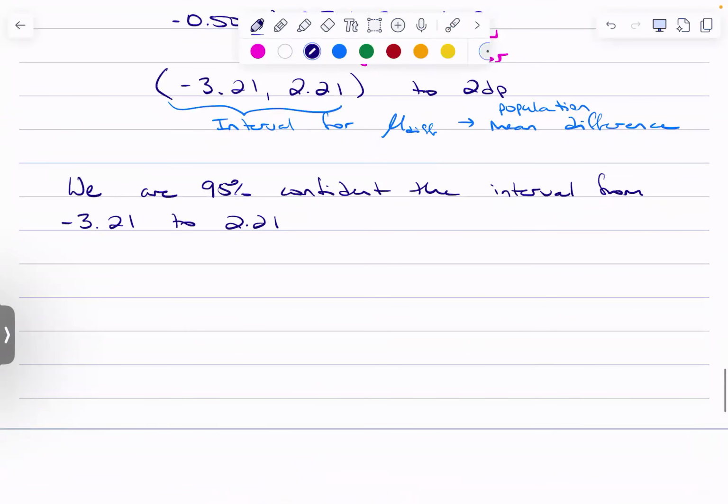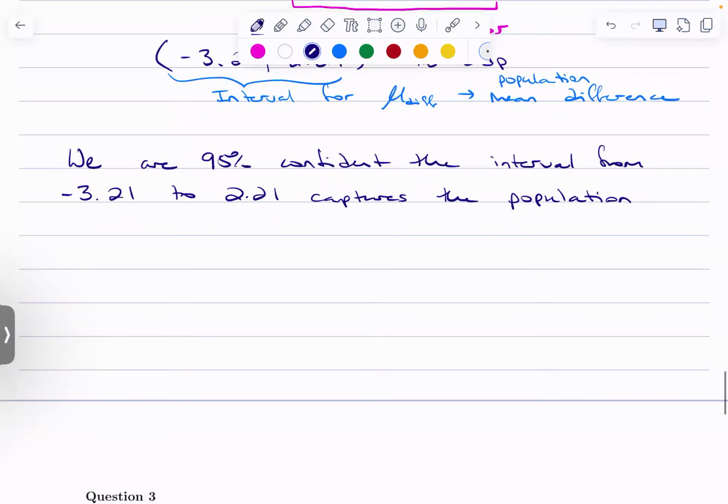So we're 95% confident that the interval from negative 3.21 to 2.21 captures the population mean difference in venom secreted, when they're scared versus angry or something like that.